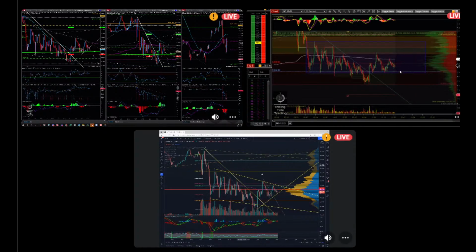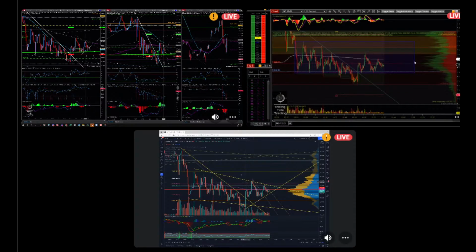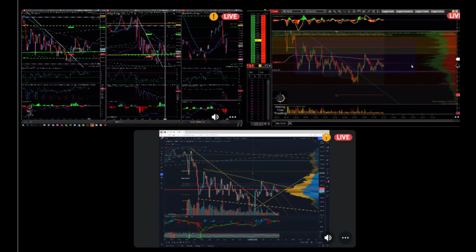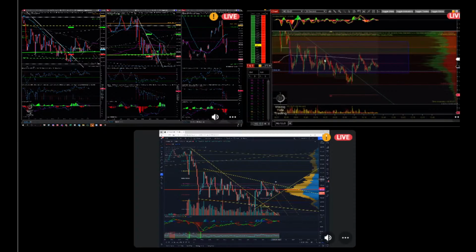Now this thing here is symmetrical, so I expect this to be like this all the way to here, around 12, 15-ish. And maybe we break one way or the other. But if it's symmetrical, we're going to be in that area.